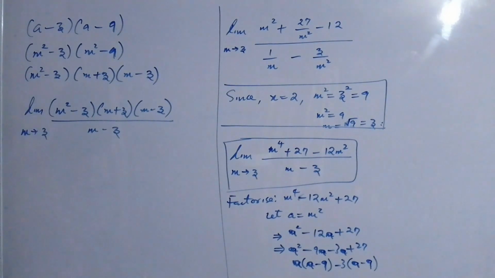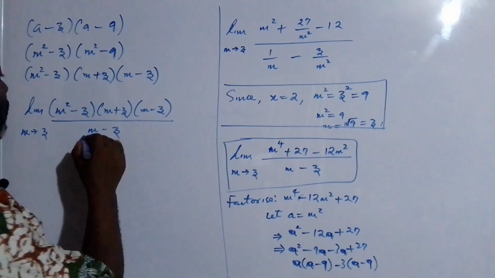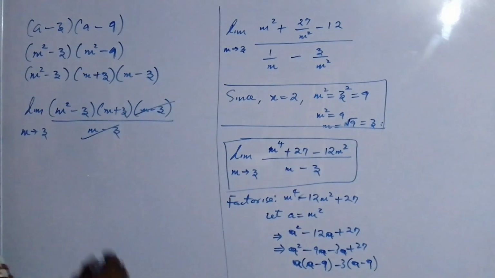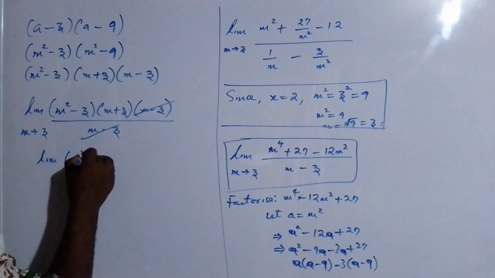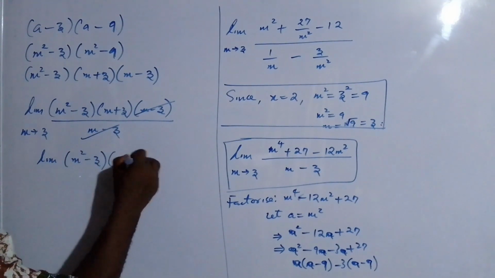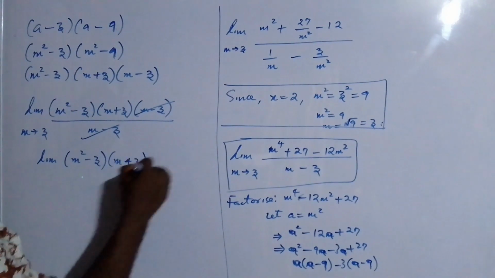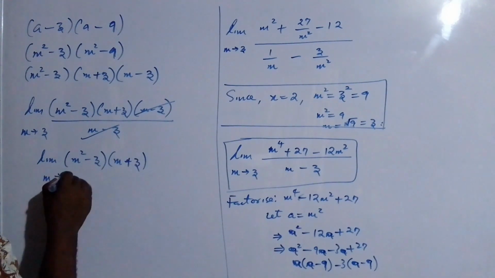You can see now that there is a common factor of m minus 3 cancelling out. So the limit now will be m squared minus 3 times m plus 3 as m is approaching 3.